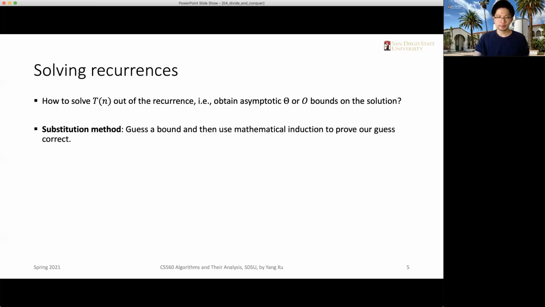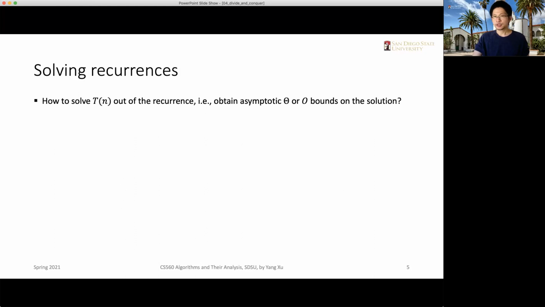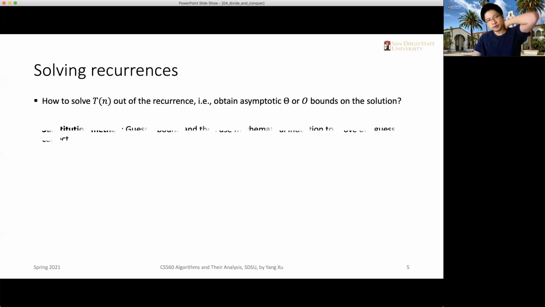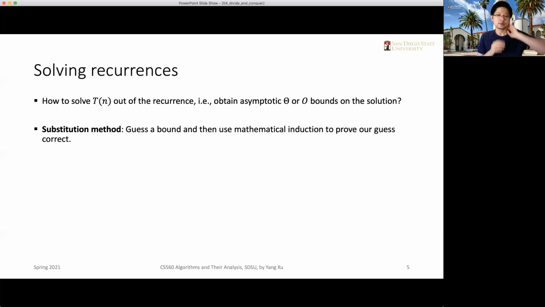In this chapter, we will introduce several methods for solving recurrences. The first one is called the substitution method. This method uses a guess: we first guess a bound, a solution, and then we use mathematical induction to prove our guess.